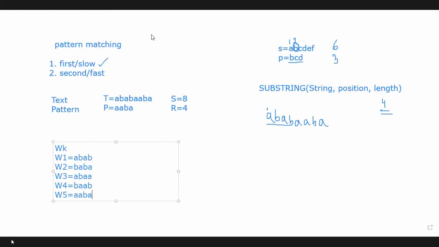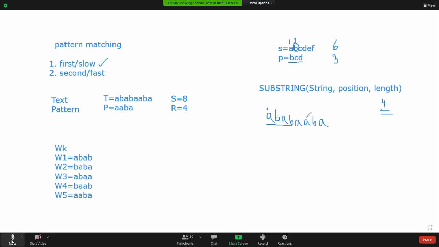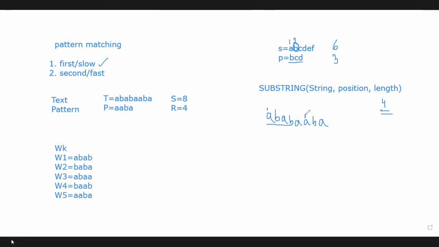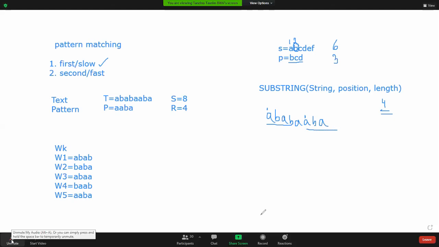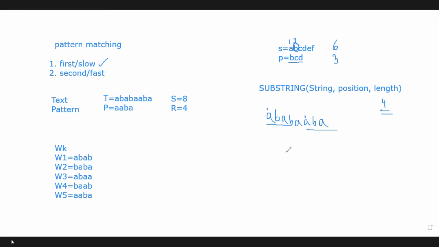So why you can't take 6th substring? Because this is the 6th position, right? If we start from this position, we will not get 4 characters, right? That means the maximum value of K will be S minus R plus 1.